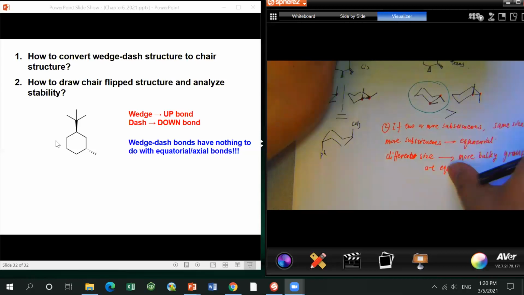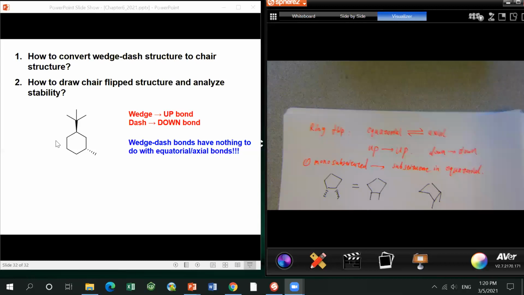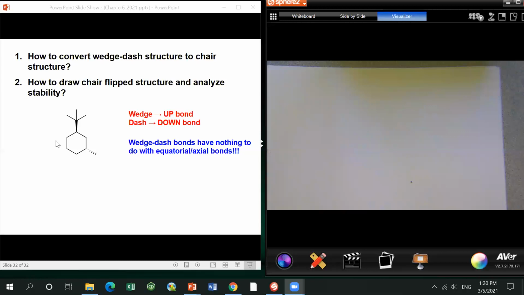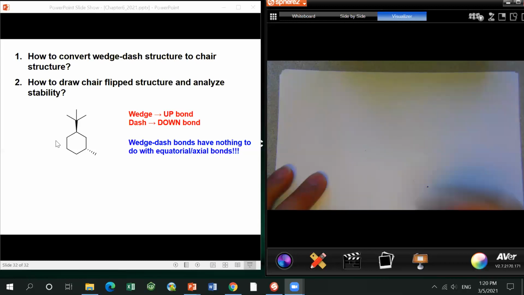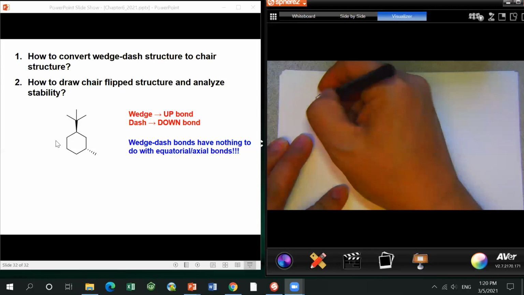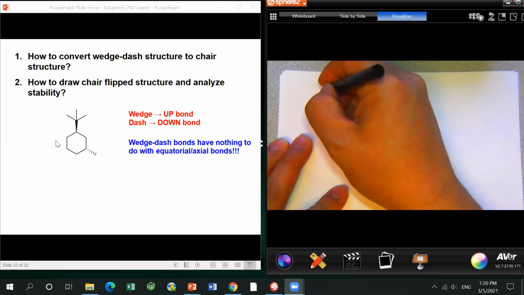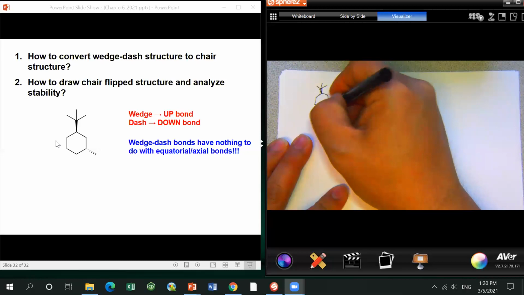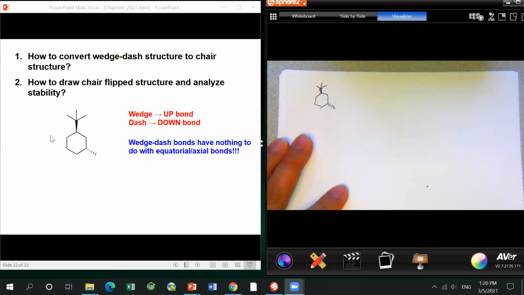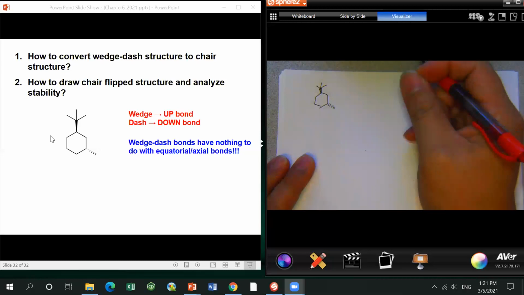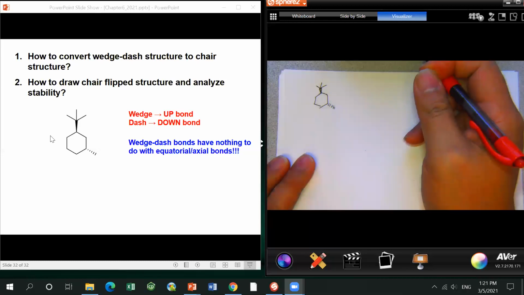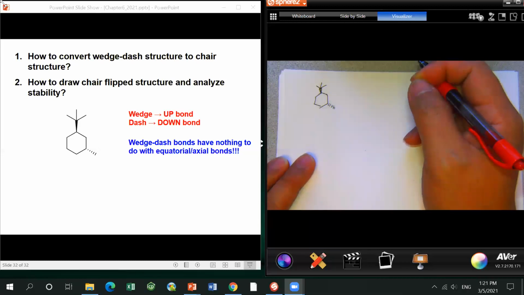Do it stepwise. First, label the carbons, number the carbons. We still use this one as the example. The numbering doesn't matter, so you can go clockwise or counterclockwise, starting from any carbon. It's not necessarily the same as nomenclature, where you have to start from the highest priority group.